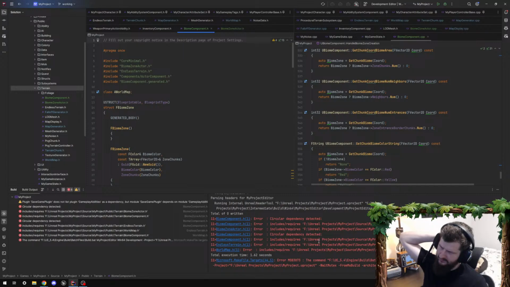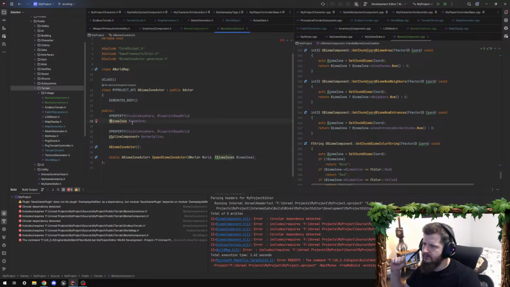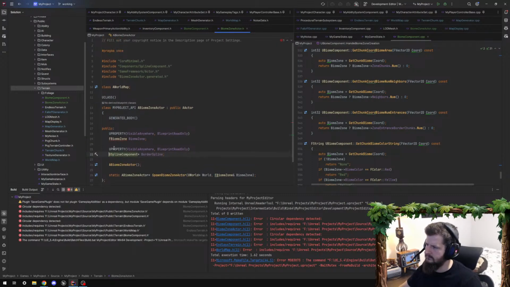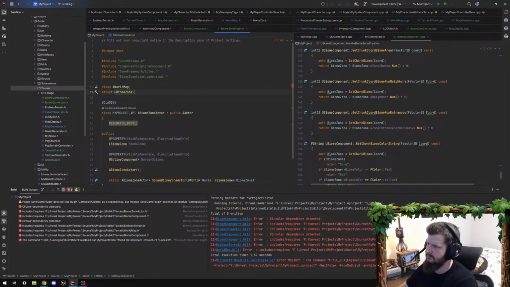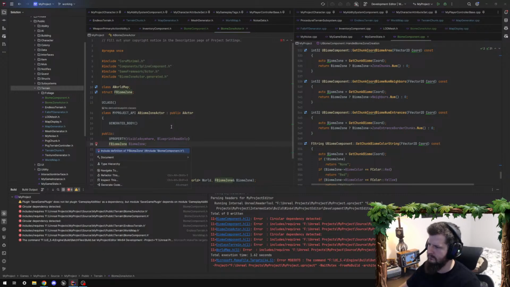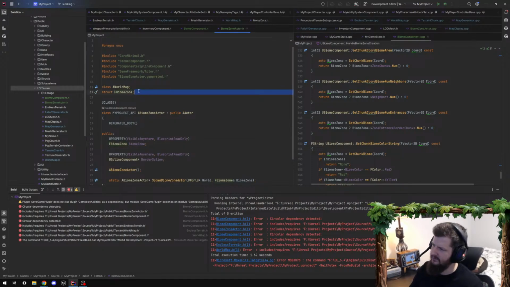Biome zone actor includes biome component. Does it? Oh, yeah. So I guess I have to for the struct.